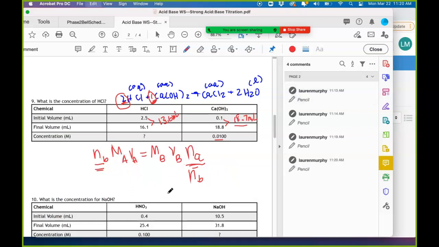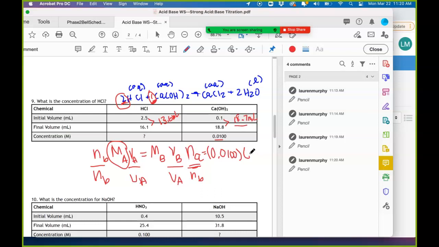So look, in this case, you could keep your stuff in milliliters. If I want the molarity of the acid, I divide by the moles of the base and the volume of the acid to get this by itself. So the moles of the base and the volume of the acid all go on the bottom. So molarity is 0.01.